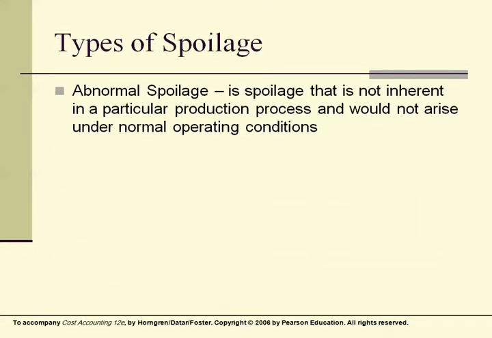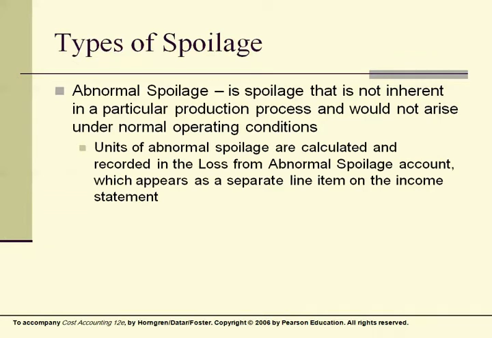Abnormal spoilage is a spoilage that is not inherent in a particular production process and would not arise under normal operating conditions. Units of abnormal spoilage are calculated and recorded in the loss from abnormal spoilage account, which appears as a separate line item on the income statement.